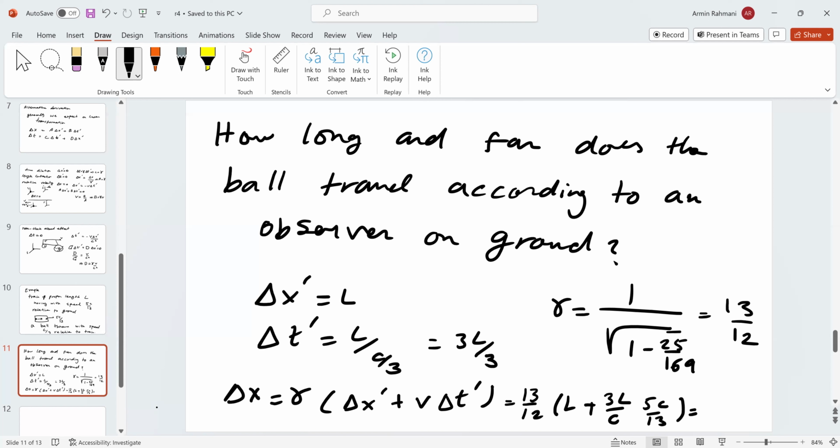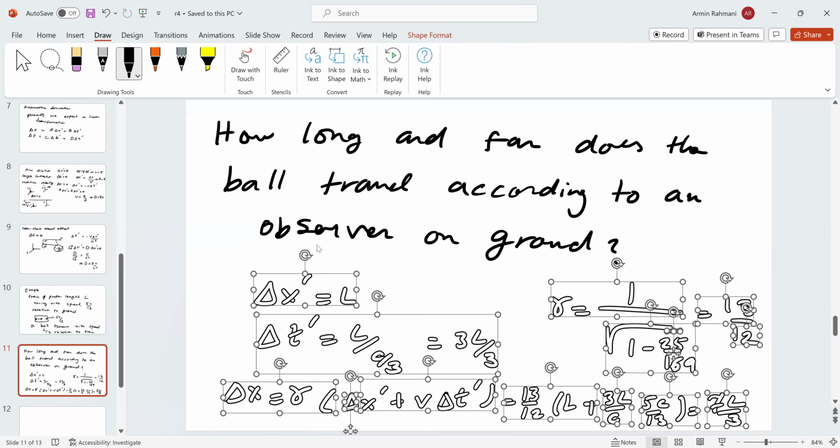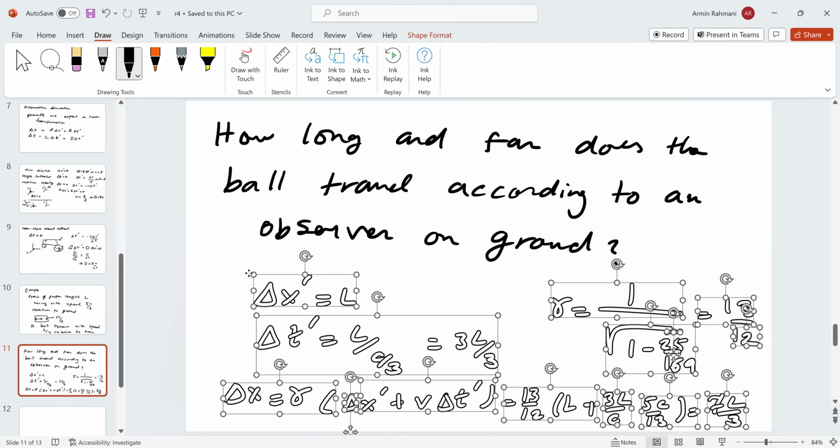Then the 13 cancels out, so it's going to be 28 over 12 L. And then they're divisible by 4, so that becomes 7L over 3. Okay, so we find delta x.